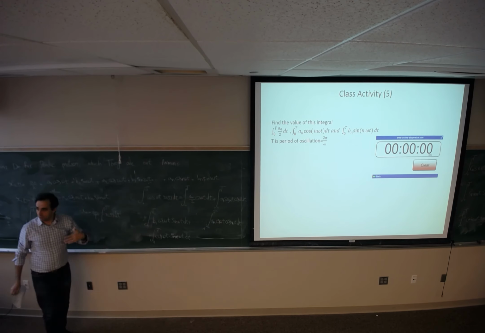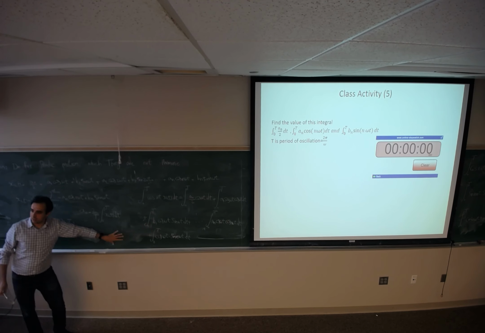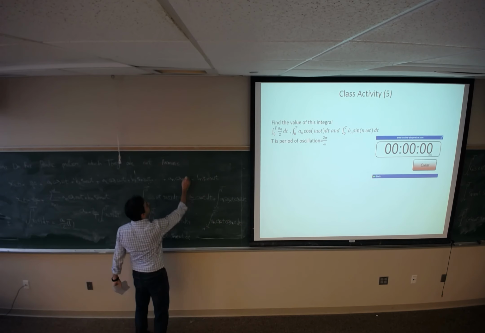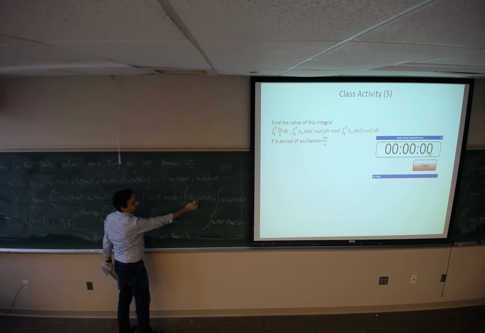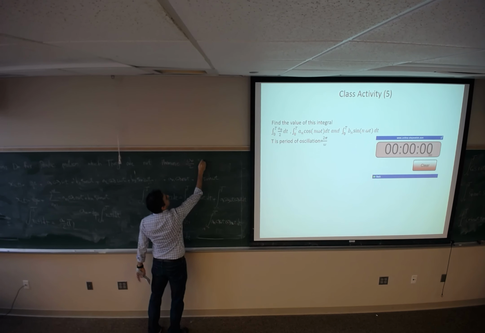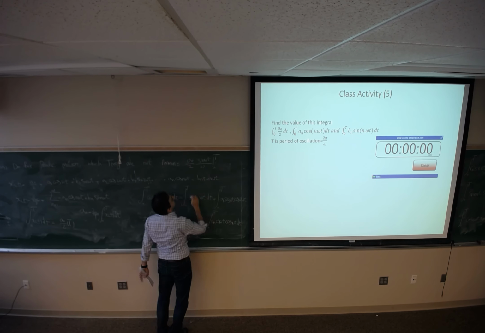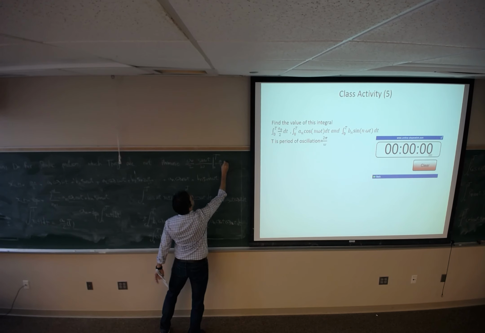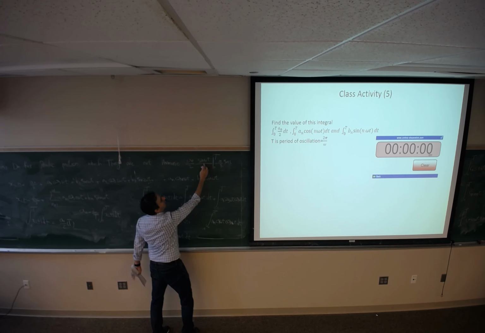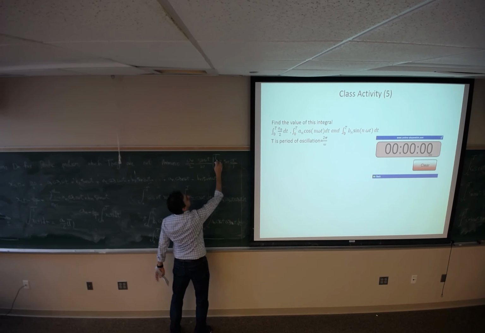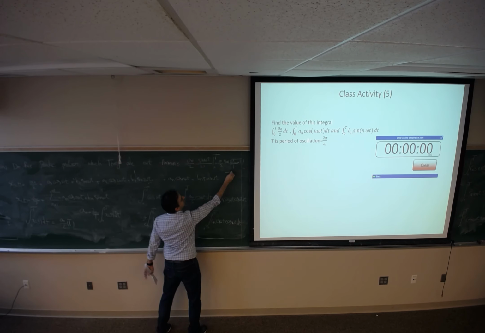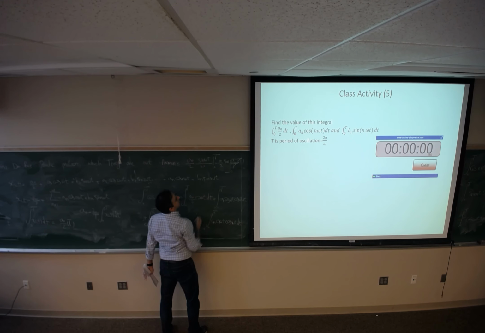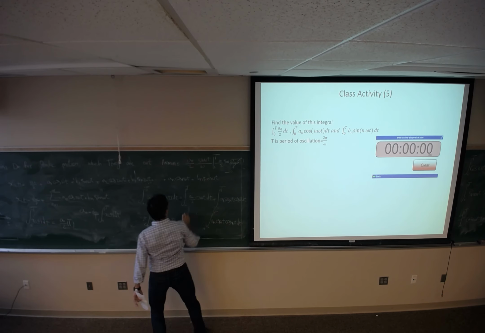So if you doubt, it's a naught divided by 2 times the integration of cosine of omega t, which is sine of omega t divided by omega, from 0 to T. So a naught divided by 2 times sine of omega T, where omega is 2 pi divided by T, minus sine of 0, which is 0. Sine of 2 pi is 0, so the entire term is going to be 0.